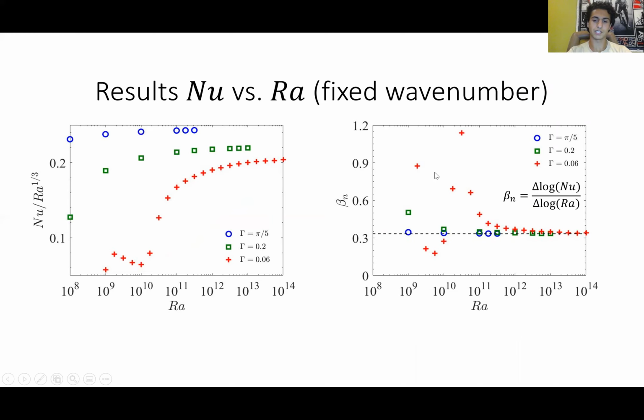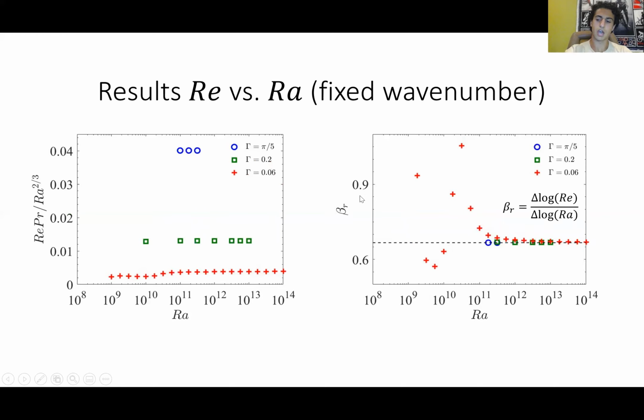This can be seen more easily from the local exponent graph. All of these data points seem to be converging to 1/3, with convergence taking longer for smaller aspect ratios. As you see, the blue one converges relatively quickly because it's a larger aspect ratio, but the red one takes quite a bit longer because it's a smaller aspect ratio.